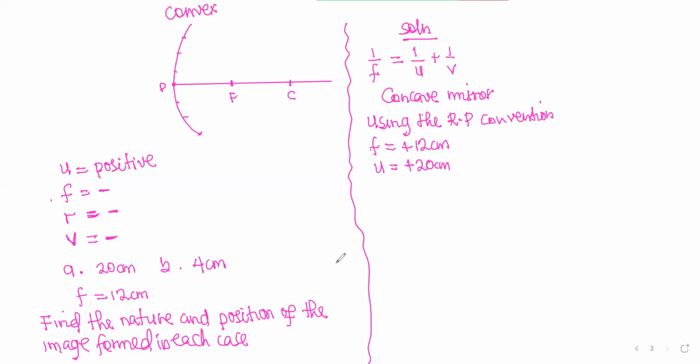So substitute, we are looking for V. You can make 1 over V the subject. 1 over V would be equal to 1 over F minus 1 over U. Substitute your values. 1 over 12 minus 1 over, we are answering A first, 20.